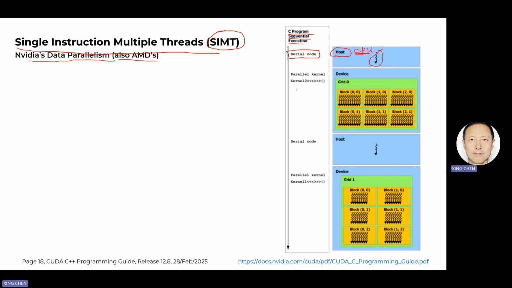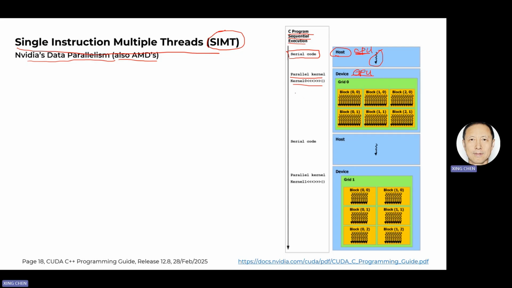And at the moment you feel you need to use the GPU to do the computing, what are you going to do? What you need to do is a parallel kernel function call. Device means GPU. You want to use this GPU to help you to do the computing.